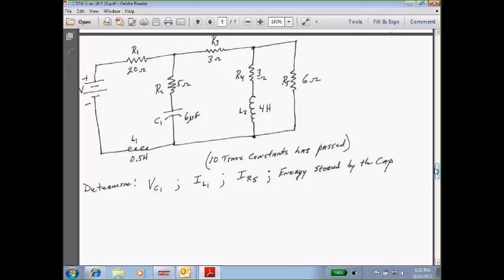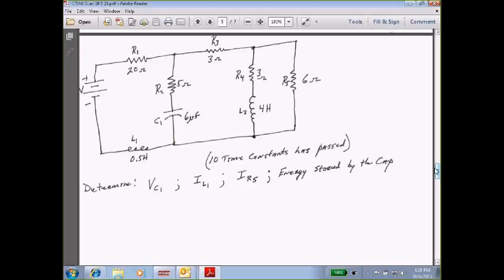And L1 acts as a piece of wire once our time constant is past 5, and we're at 10. So the resistance would be 0. So our total current, which was 2 amps, would be the current for L1 at that time.